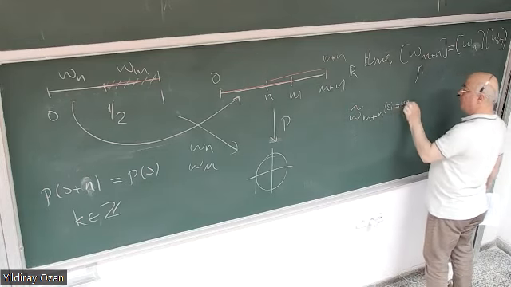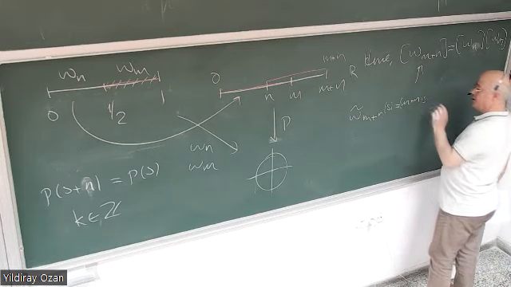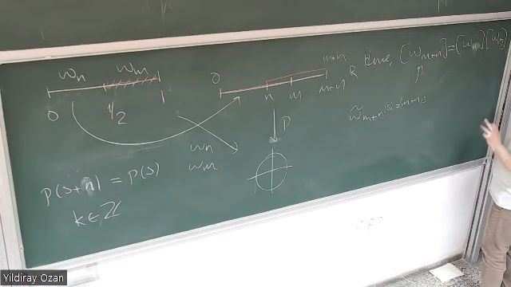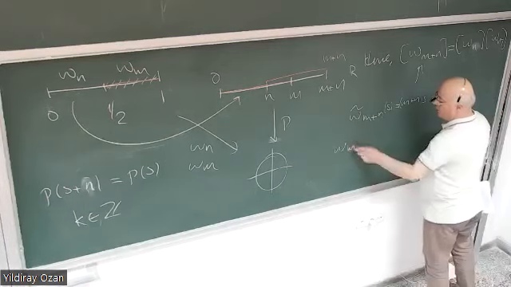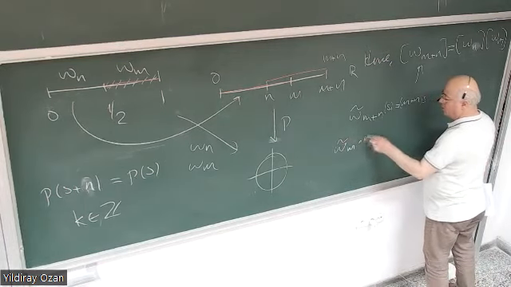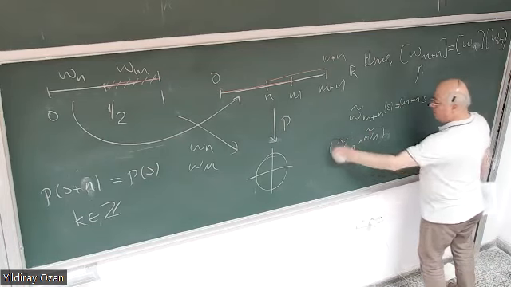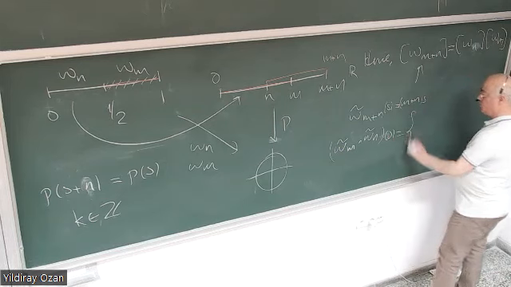S'te bu n plus m S. Şuna karşılık gelen nesne de W n tilde ile W m tilde'nin product'ı gibi olacak. Yani W m tilde product W n tilde. Bunun S'teki değeri. Bu da nedir?